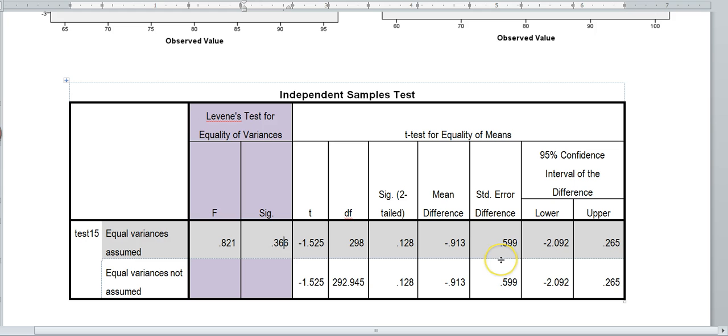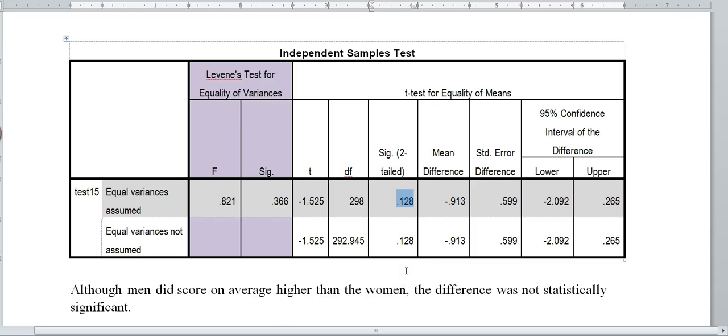Okay, so now we're ready to find out the results of the t-test itself. When we look at the t-test results, we look at the significance value, which is the probability p-value, which we compare to our 0.05, and we see here that this is greater than 0.05. In other words, the men and the women are not statistically significantly different. Although the men did score on average higher than the women, the difference was not statistically significant.